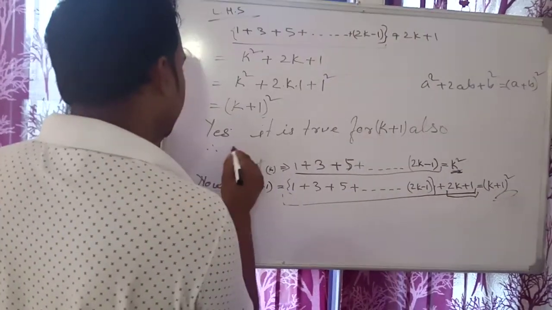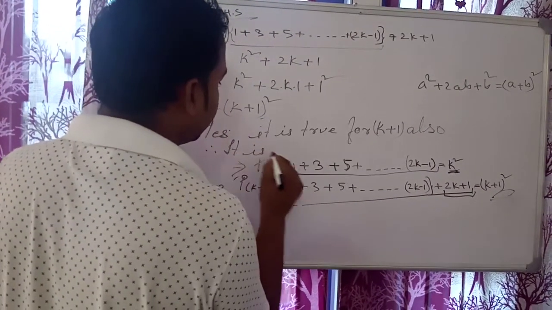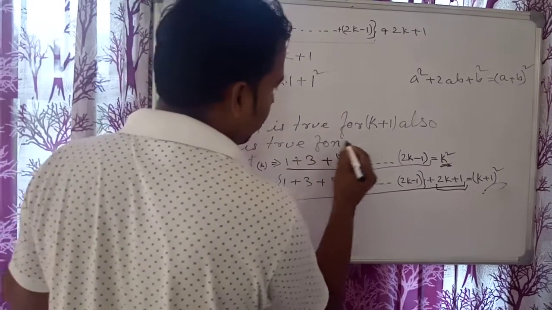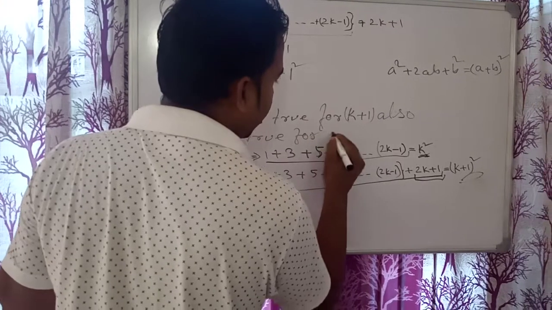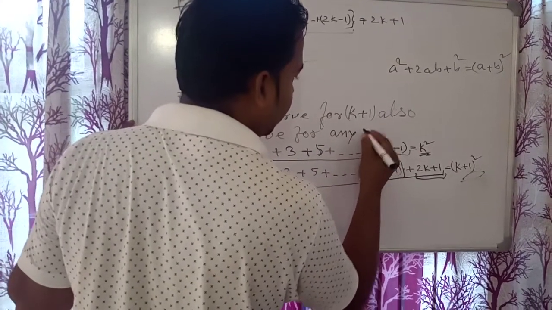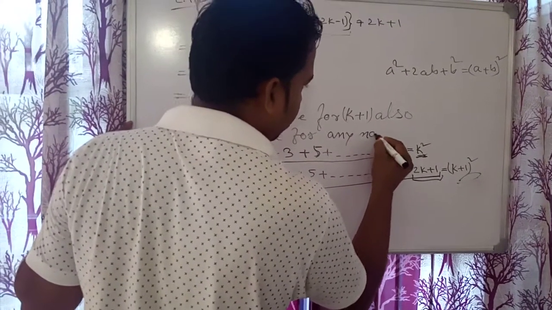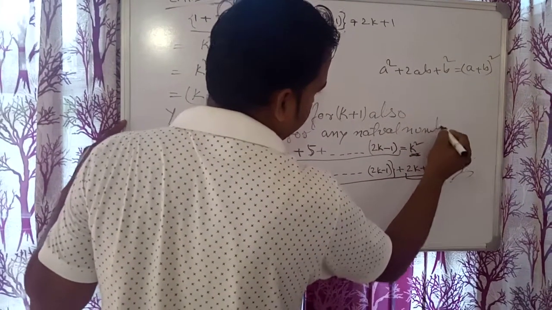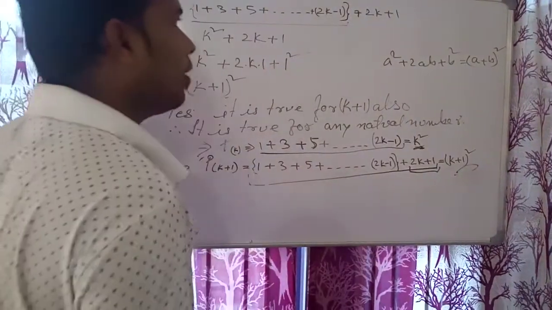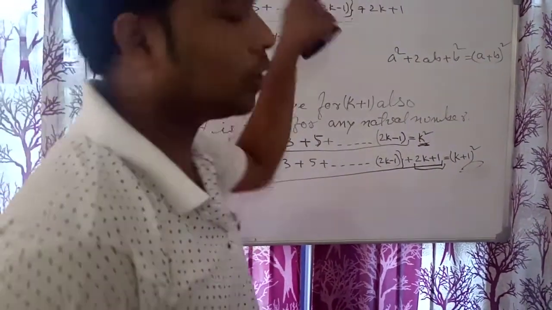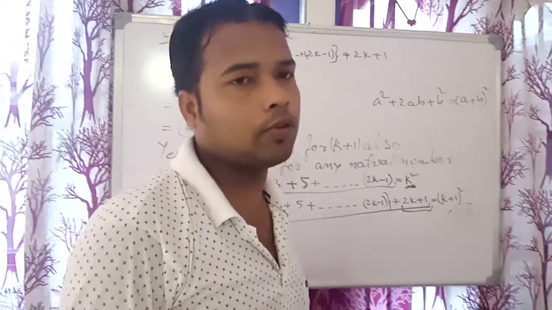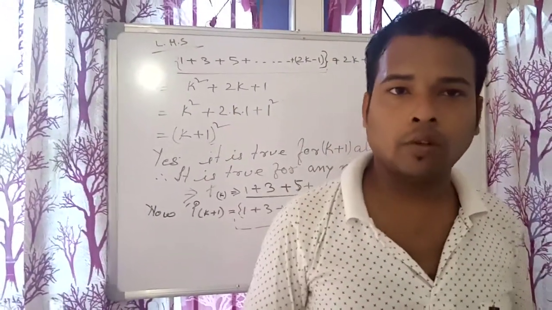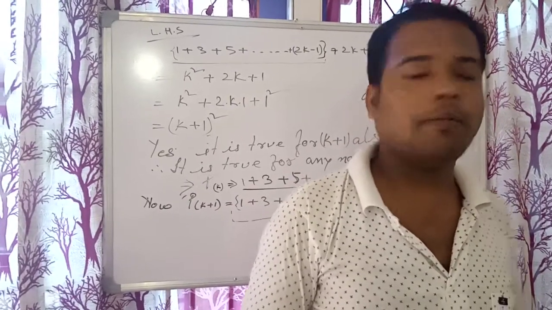Therefore, it is true for any natural number. If you put 2 in place of k, then also it is true for that one. That means it is true for all natural numbers. Like this way you have to solve this exercise.